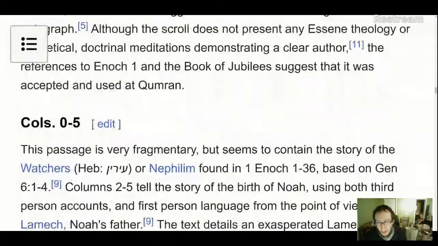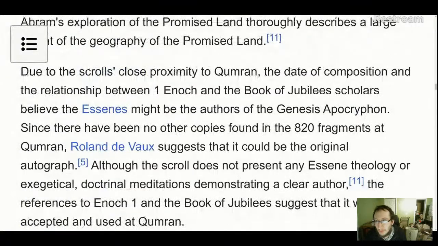But yeah, so it preserves sections from the Book of Lamech, the Book of Noah, and the Book of Abraham. And one of the fascinating things about this is that we have it in the scroll in order. So what that actually tells us is it allows us to have an idea of how big the Book of Noah originally was.